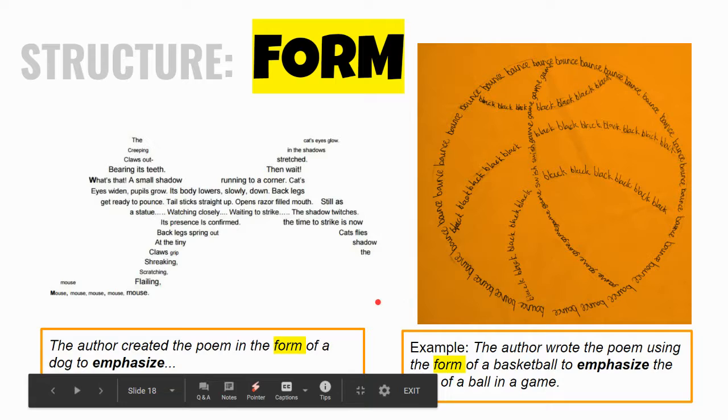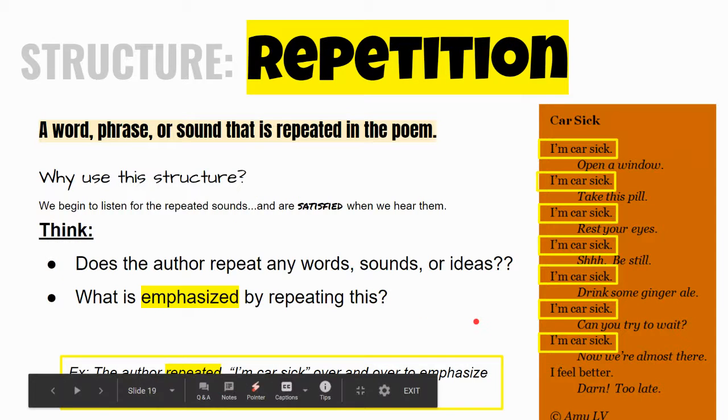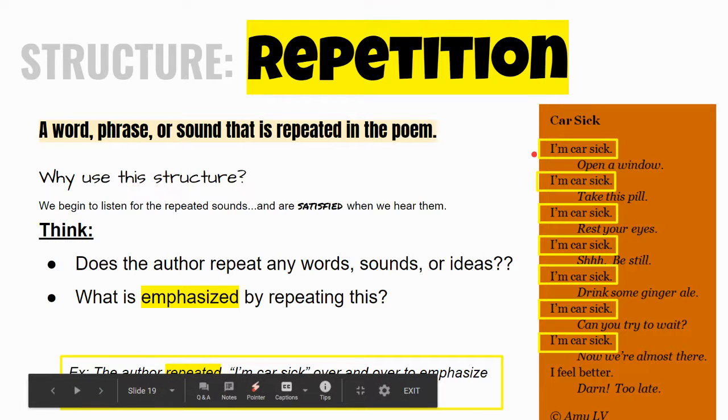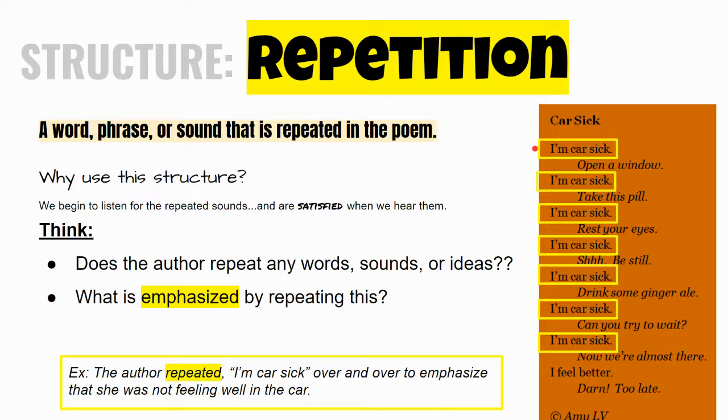Okay, and repetition, why are they continuing to use the same sound or word or phrase in a poem? So in the example here, it's kind of funny. I think some of you have been on some long car trips, and hopefully you've not experienced this, but this person is obviously sick in the car. So they repeat, I'm car sick, I'm car sick, I'm car sick. So think about, why are they repeating that?